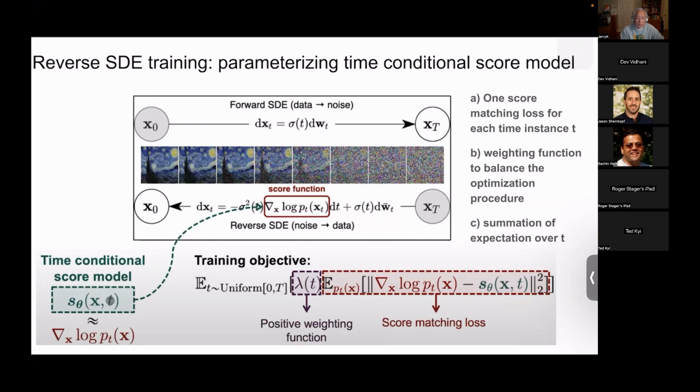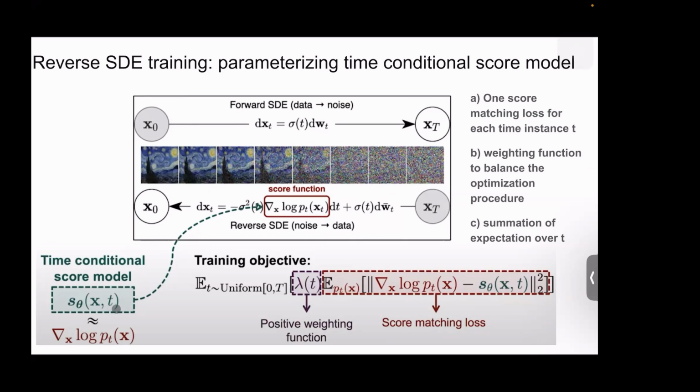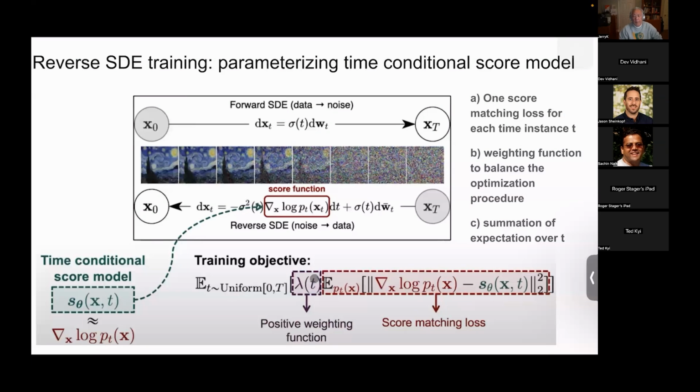We have the time over here, and what we have from our network is first the score function, the model gives us the estimate of the score function, and then we use that to estimate this. This is the objective that we are refining for every time step.